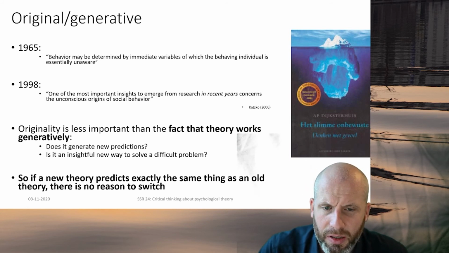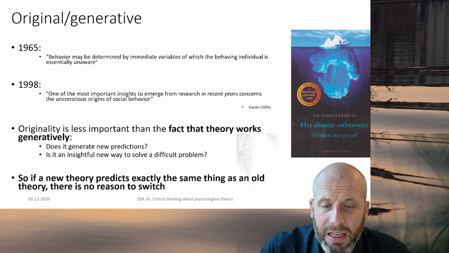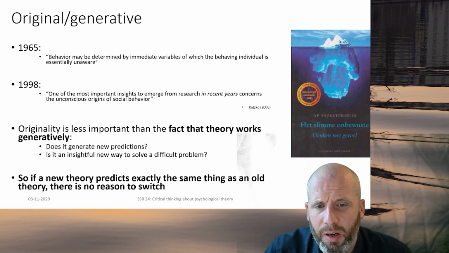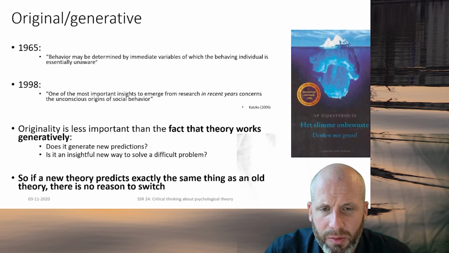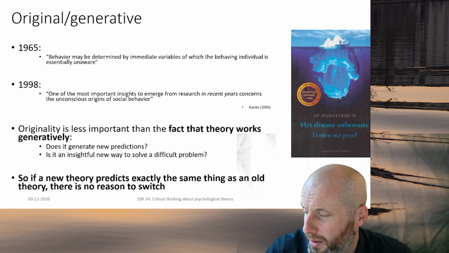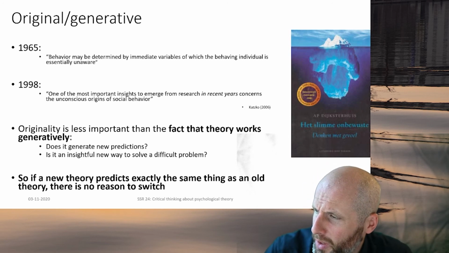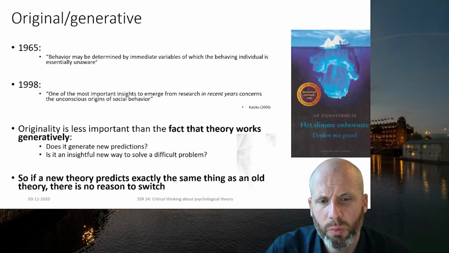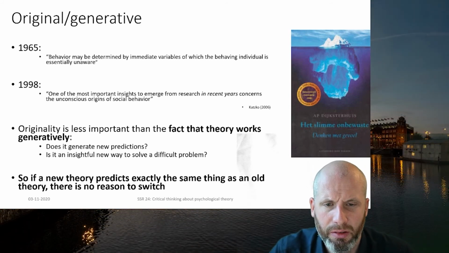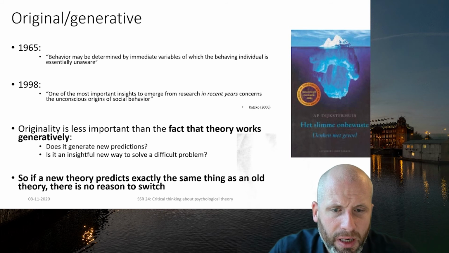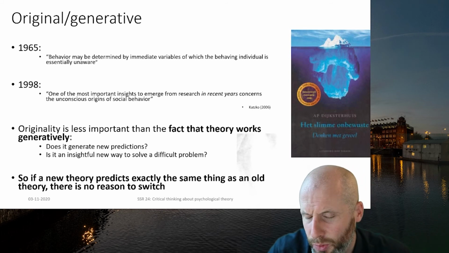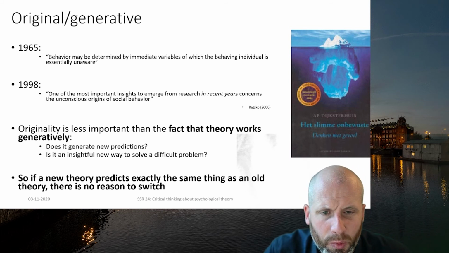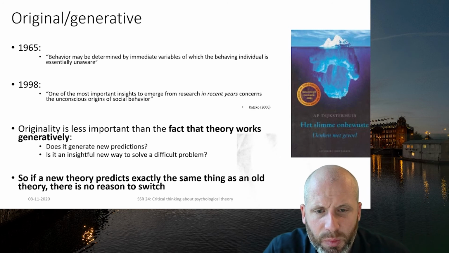In terms of the smart unconscious or unconscious thinking, as I've described it in this video, I didn't describe the full thing. So if you're interested, please read the book or read up on the related research. But as I described it now, it didn't really generate new predictions, right? So in both cases, in the old theory, we could predict the same data as with the new theory, right?